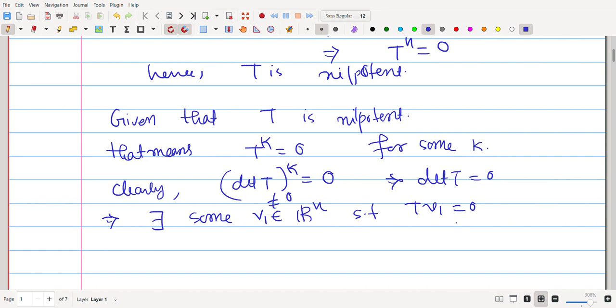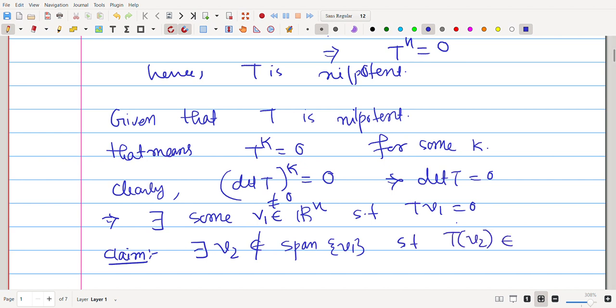Since T is nilpotent. Now the claim is that there exists V2 which doesn't belong to span of V1 such that T V2 belongs to span of V1.